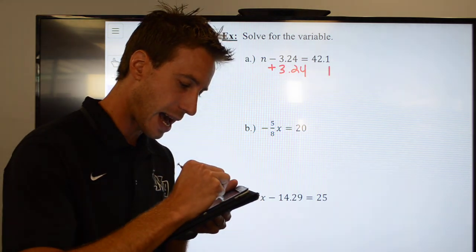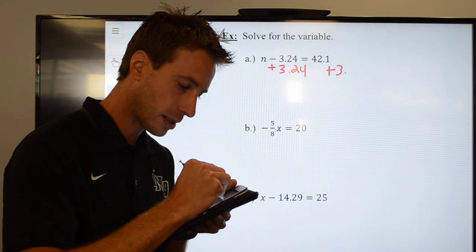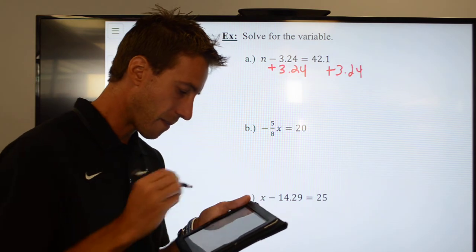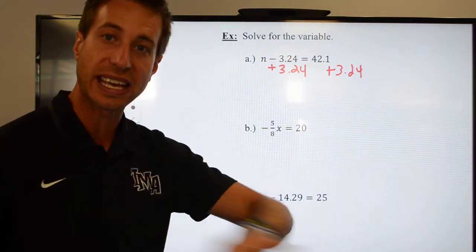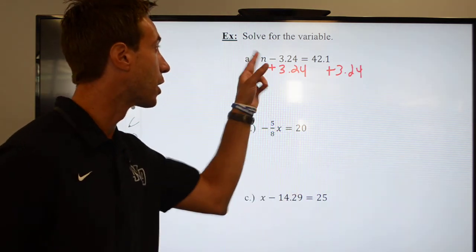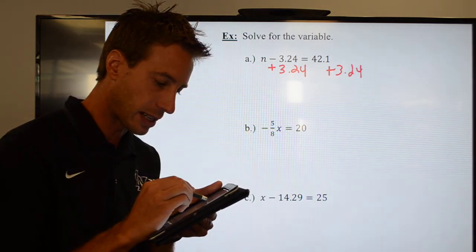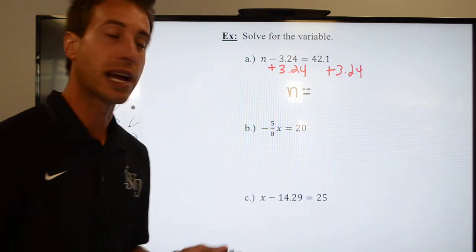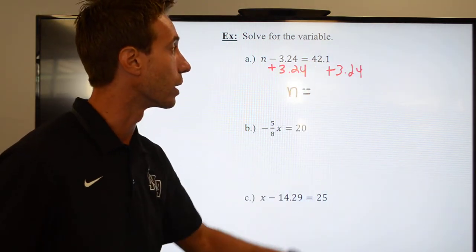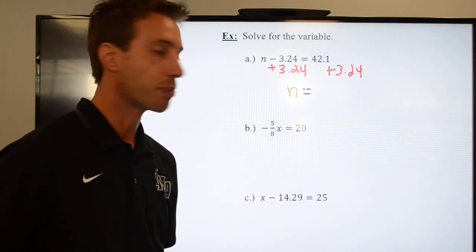So we will add 3.24. Now, when I add 3.24 to a negative 3.24, they cancel each other out. I'm left with just an n. I have isolated my variable. On the other side of my equal sign, I now have 42.1 plus 3.24.